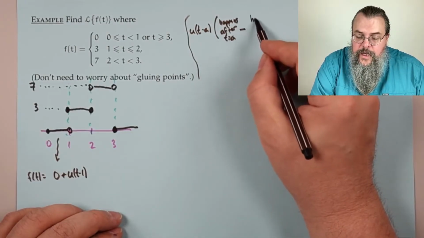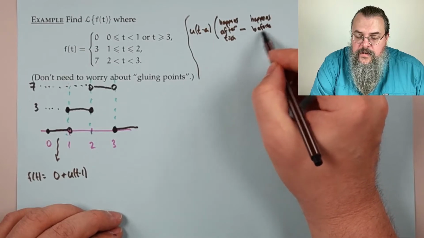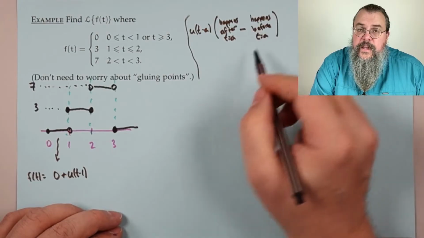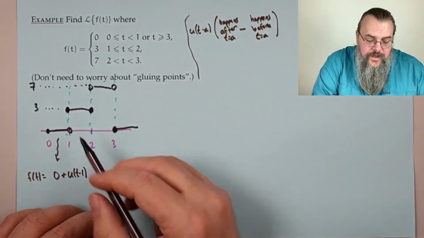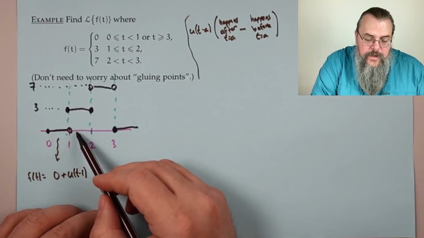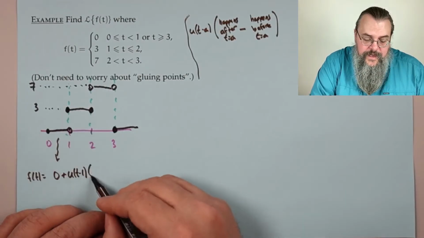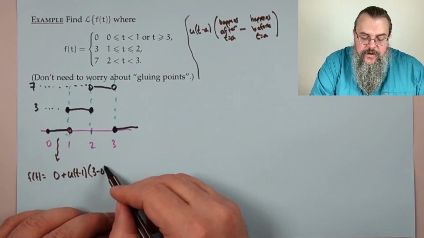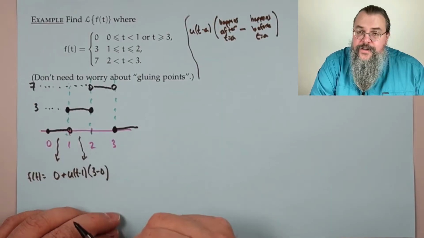Subtract what happens before t equals a. That gets turned off. So plus on, minus off. So in our case, after 1, we're at 3. Before 1, we were at 0. So I'm going to have 3 minus 0. Okay, then I say, all right, that's that part.